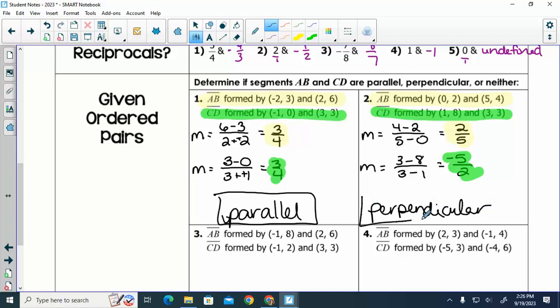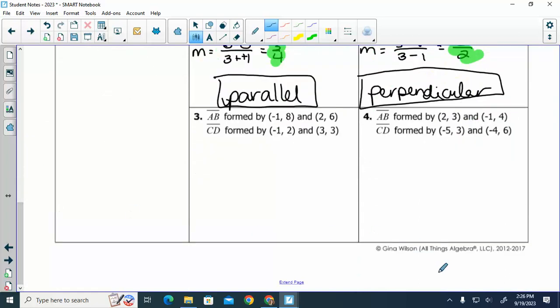I would like for you guys to try 3 and 4. Okay, so for 3, the first slope you get negative 2 over 3.